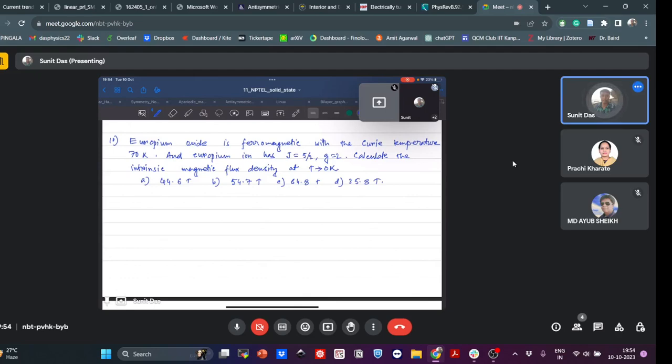Given that it has J equal to 5 by 2 and g equal to 2, calculate the intrinsic magnetic flux density.